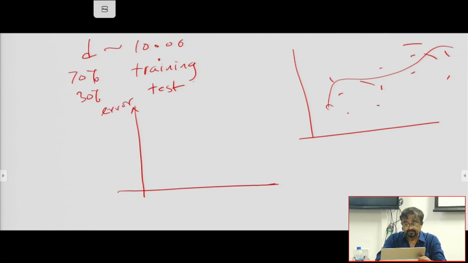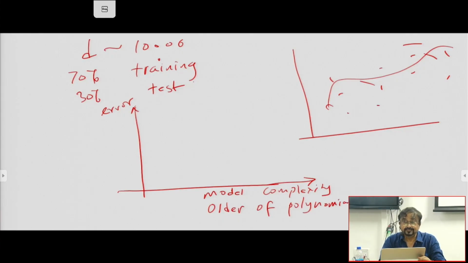In this particular case, this is your model complexity, and here it's the order of the polynomial, right? So what we saw, this could be 1, 2, all the way up to 15.